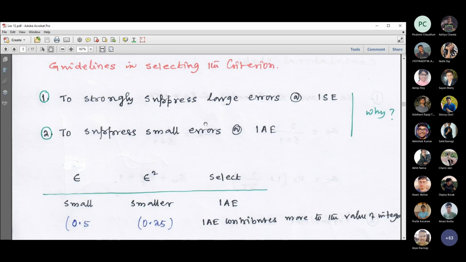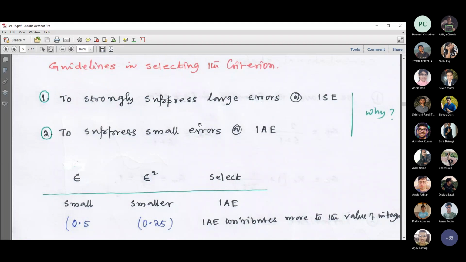Let us elaborate in this way. We have epsilon. We can consider either epsilon or epsilon squared, and then we select accordingly. Suppose a small error 0.5. And in another case, error square, that means my error is becoming smaller further, because if we take the square, it is becoming 0.25.